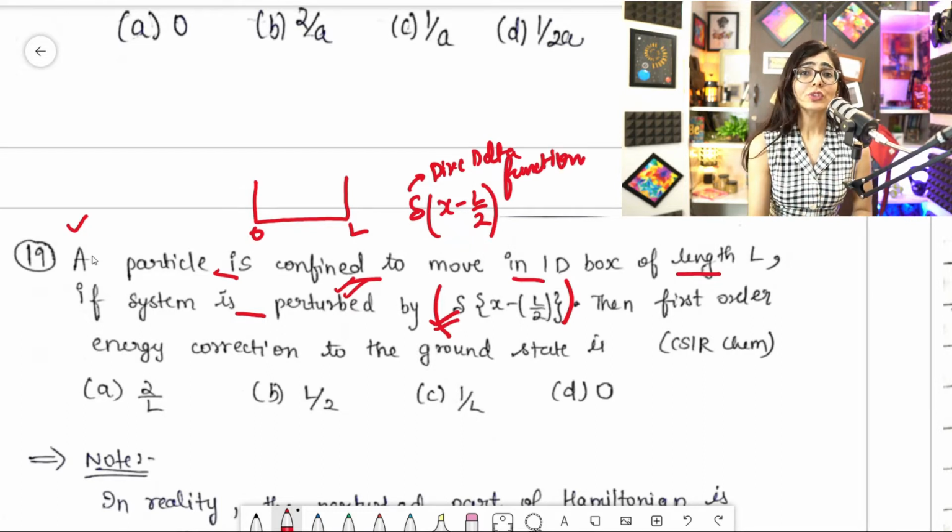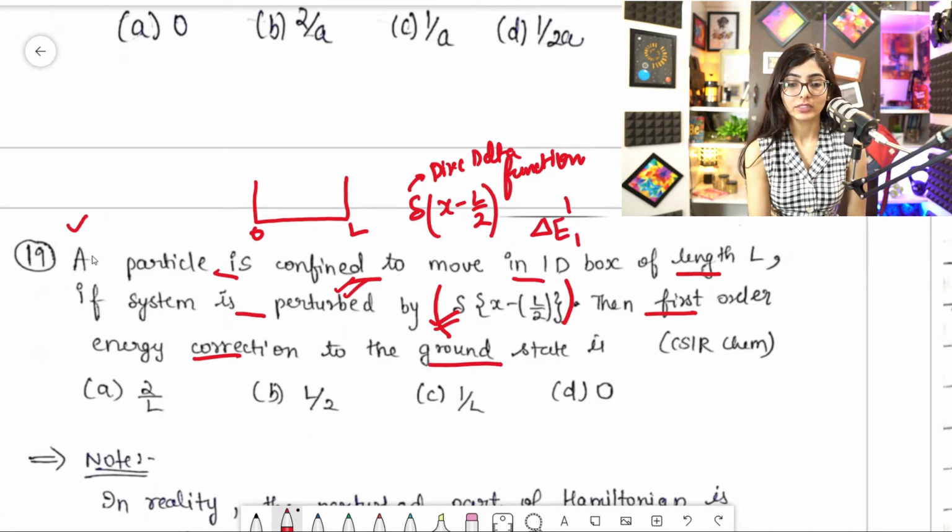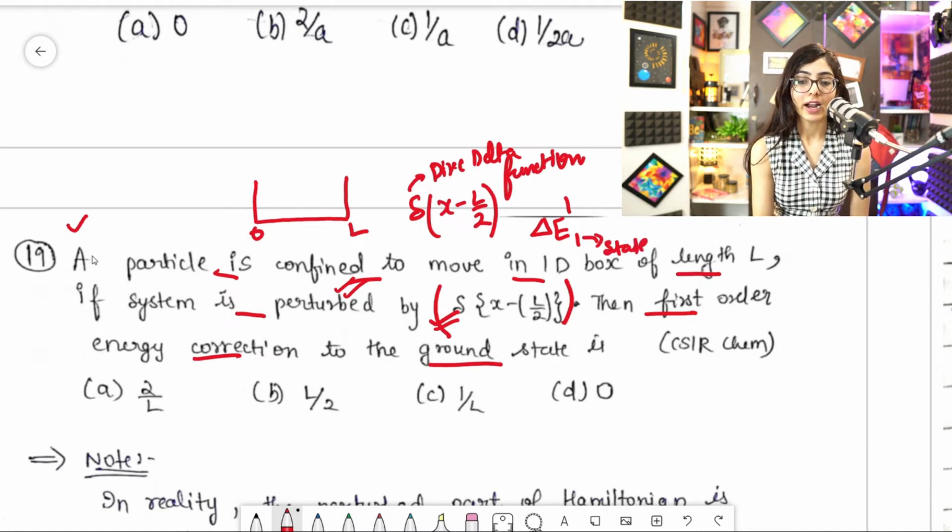And we have to find the first order energy correction to the ground state. So the energy correction in first order, in the ground state. The first order is written as 1, and the state is also 1, since for the ground state of a particle in a 1D box, n is equal to 1.